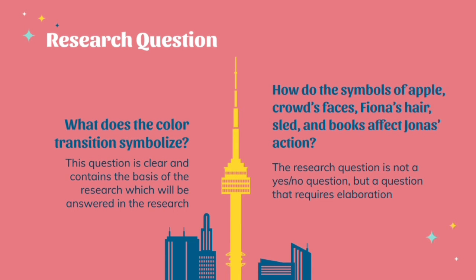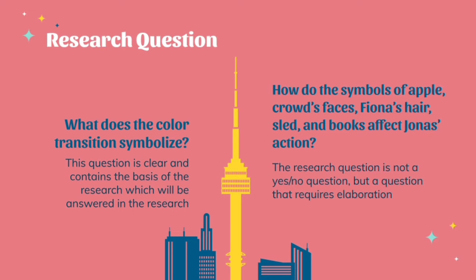And then, why can we say that the research question contains the basis of the research? Because we can see it in the title and in the thesis paragraph of the research. As we can see in Vivit's thesis, the research questions are, first, what does the color transition symbolize? This question is clear and contains the basis of the research which will be answered in the research.